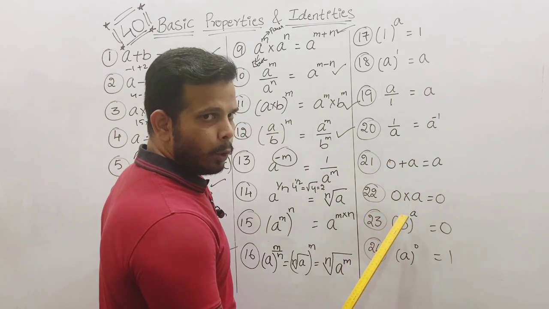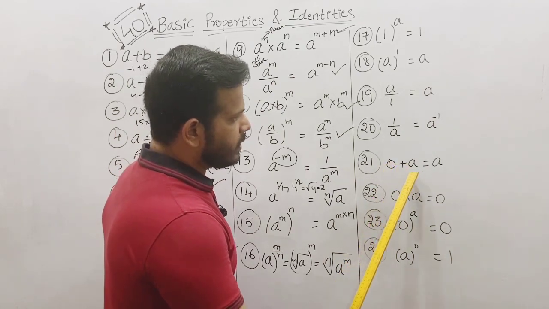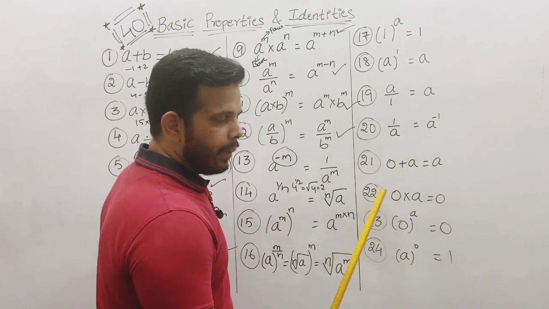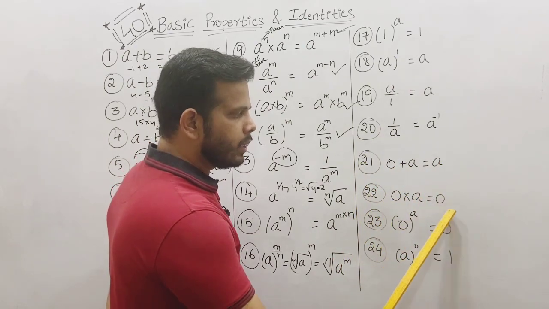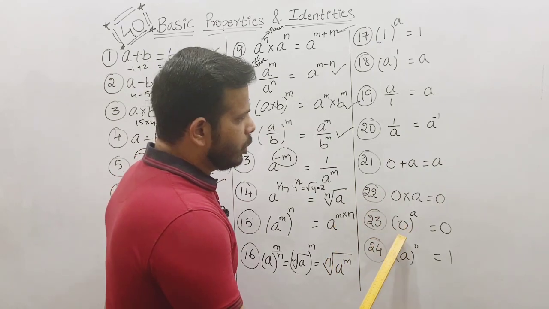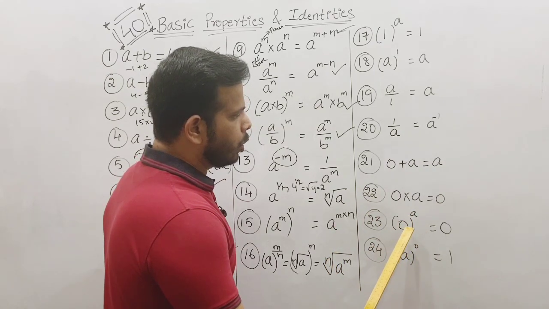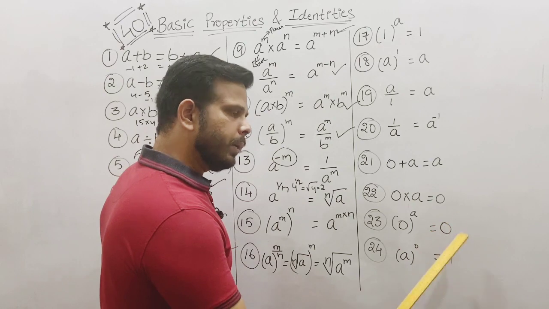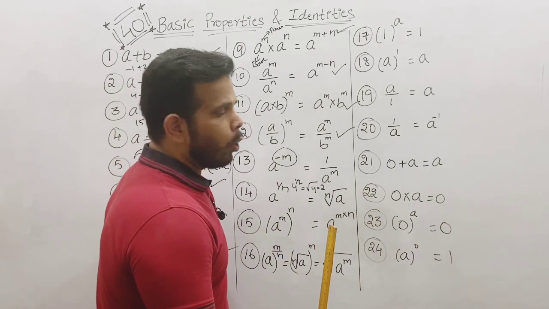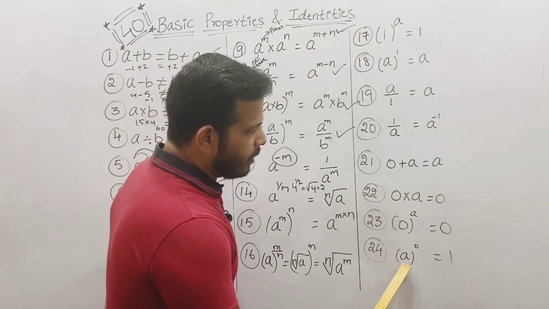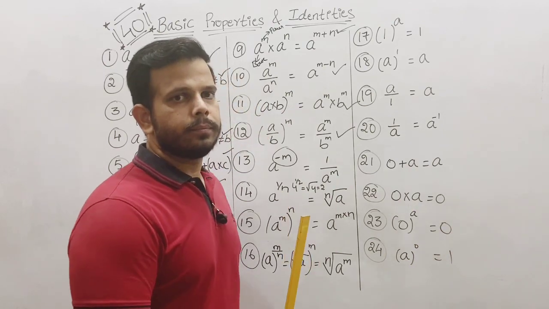Now starting the properties of 0. 0 plus a is equal to a. 0 into a is 0. 0 power a: if you are multiplying 0 n number of times, then it will be 0 only. A power 0 is 1.